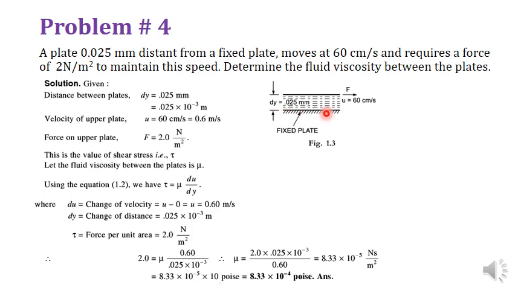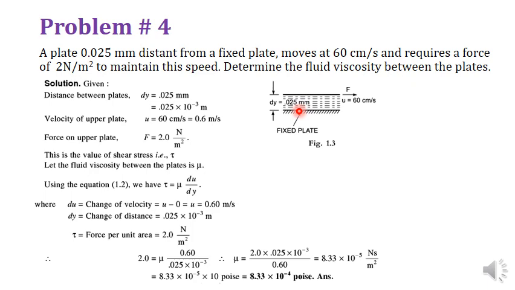So for the initial velocity, between two layers, we have these two layers. One is just above the fixed plate and one layer is just below the upper plate. We are interested in determining the viscosity of the fluid in between.